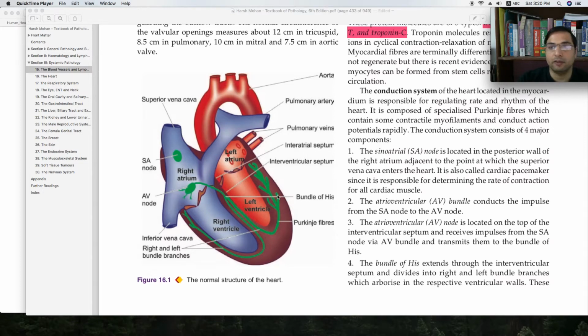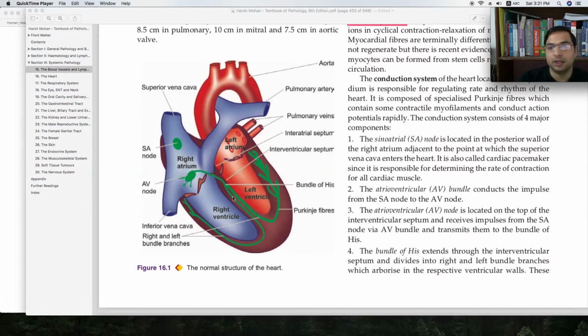And apart from the lateral wall, it has anterior and posterior walls, right. Anterior means towards the front of the chest, the anterior chest, and posterior wall means away from the anterior chest, right. And then left and right also. It is also divided into left and right. So these are some of the planes which you should know.